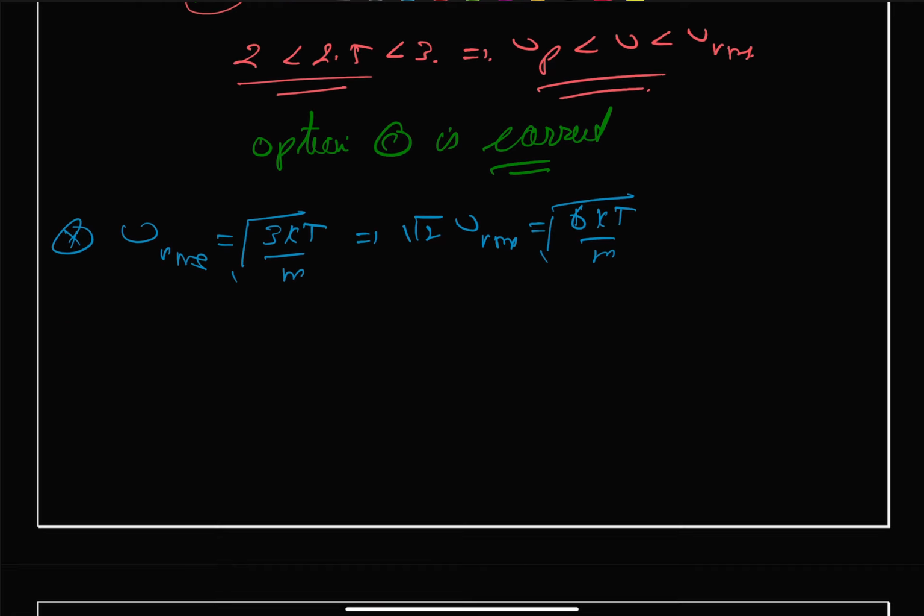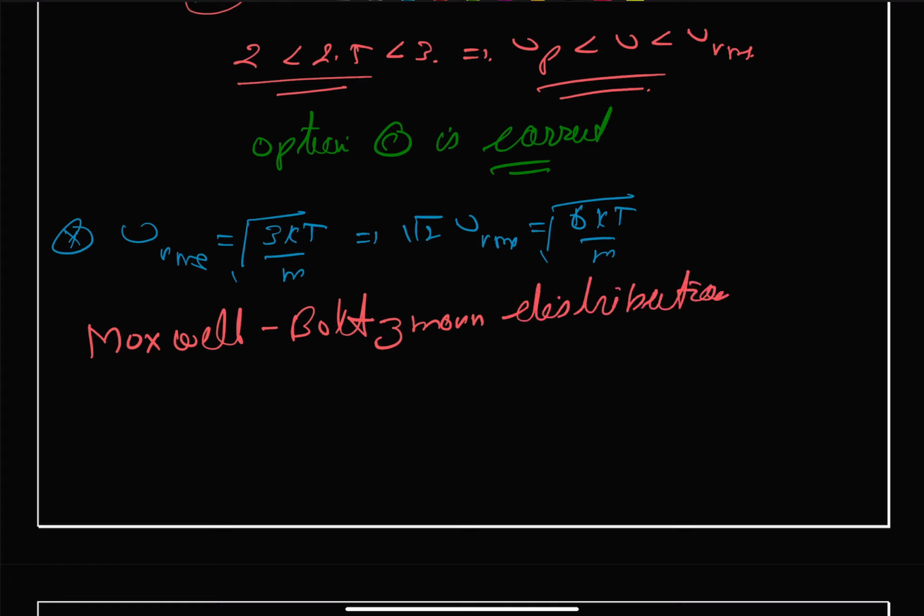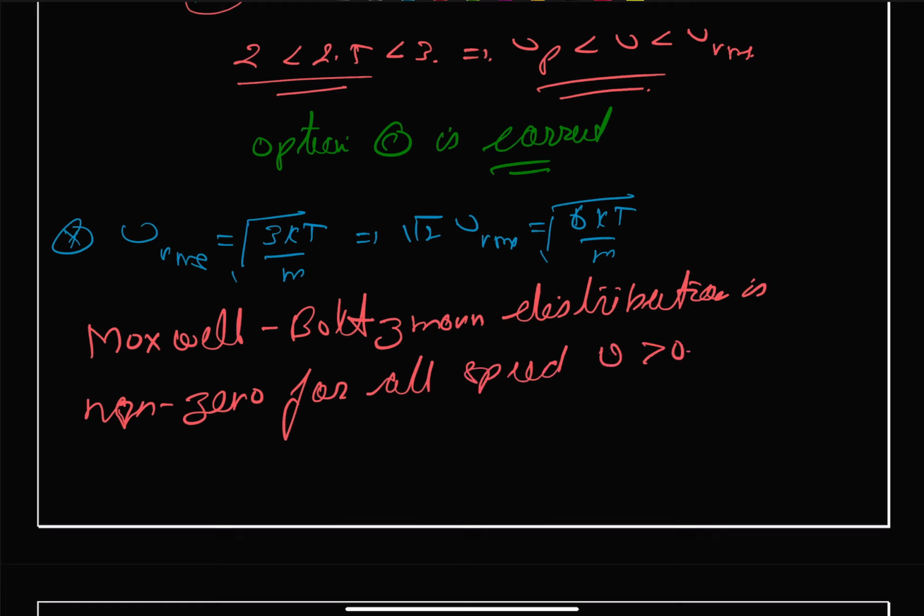So from here we can say that the Maxwell-Boltzmann distribution is non-zero for all speeds v greater than 0.